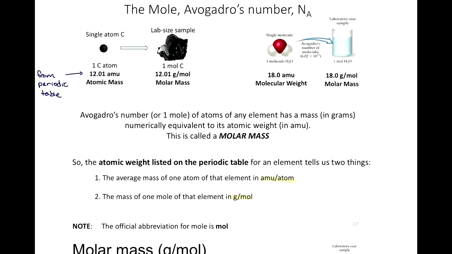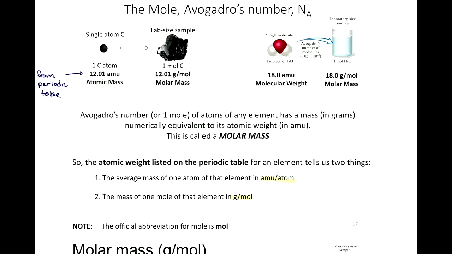Okay, so what's the significance of the mole? I told you, we're scaling things up. Chemists were lazy and cheap. We don't want to make a new periodic table with new numbers, right? Because if you look at carbon, carbon is 12.01. The mass of one carbon atom is 12.01 AMU. But if we are talking about a mole's worth of carbon, scientists don't want a new table to understand how much a mole's worth of carbon weighs.